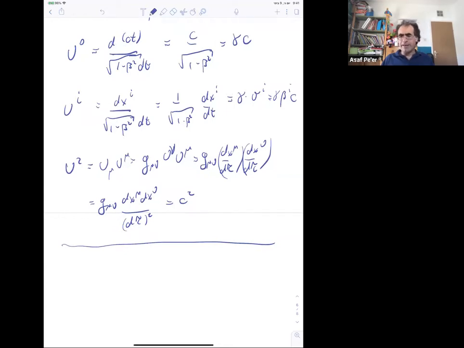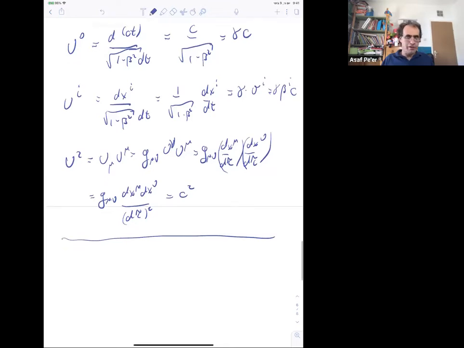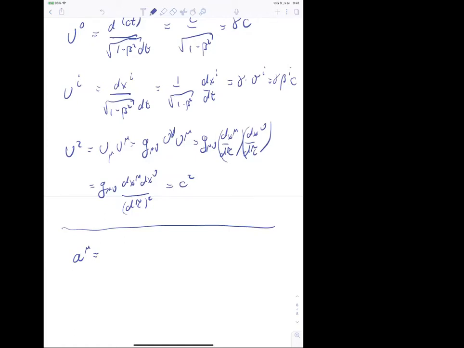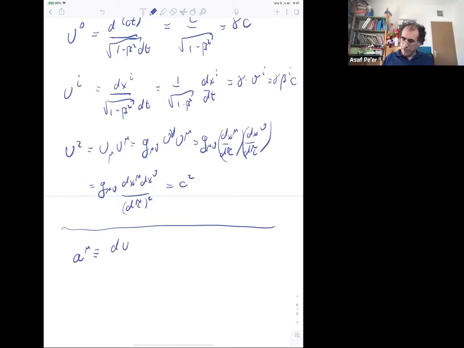Okay, the next step again is quite straightforward. Now I can define the four-acceleration, A mu. Four-velocity derivative of vector with respect to proper time, of course, du mu over d tau. Thank you very much.